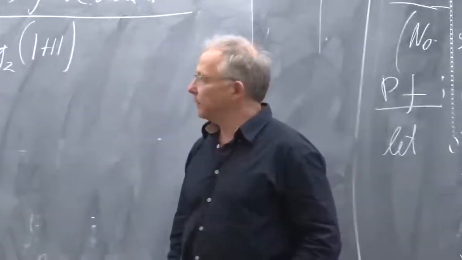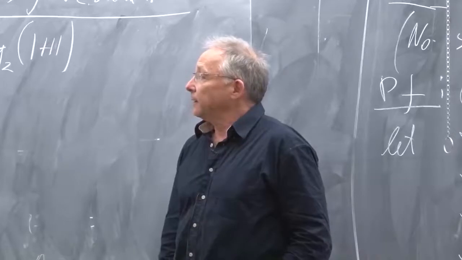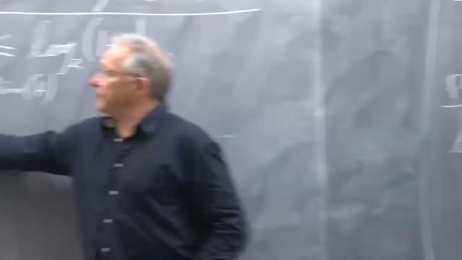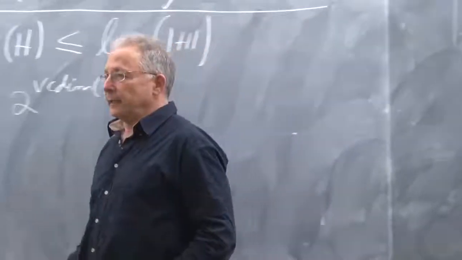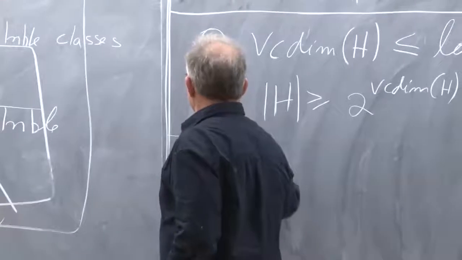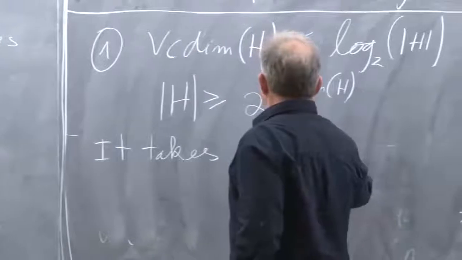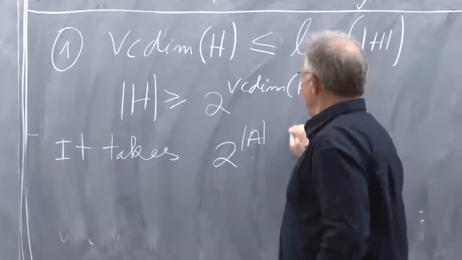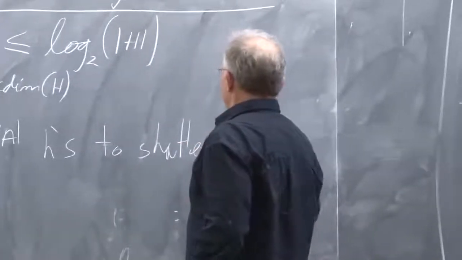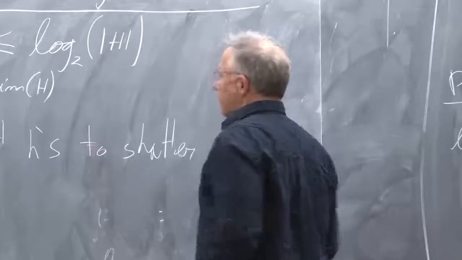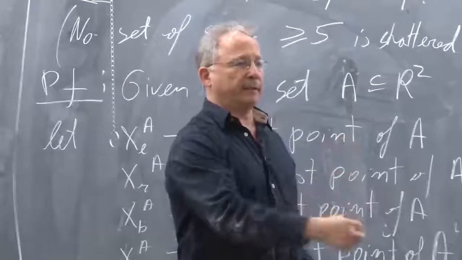Yes? For infinite H, if H is infinite, then this condition says nothing. It always holds. And why? Because it takes 2 to the size of A H's to shatter a set A. Because in order to shatter a set A, I have to cut every possible subset.